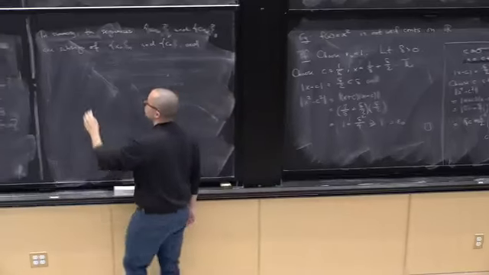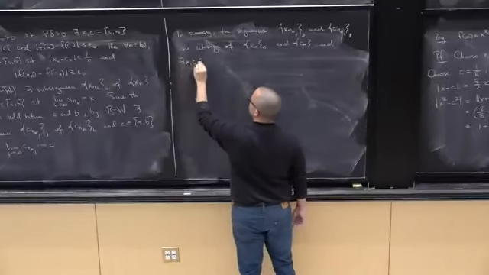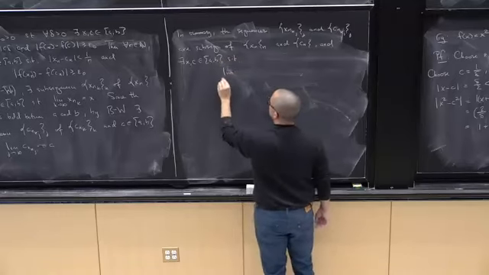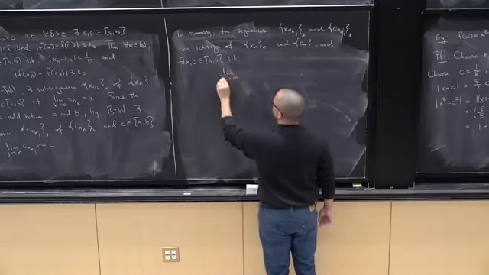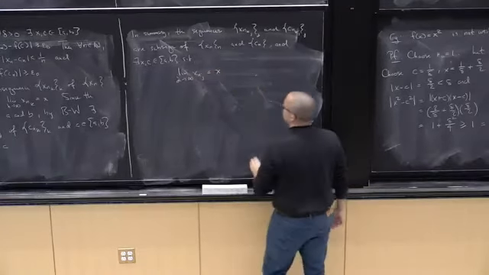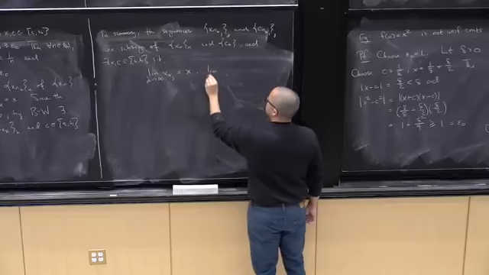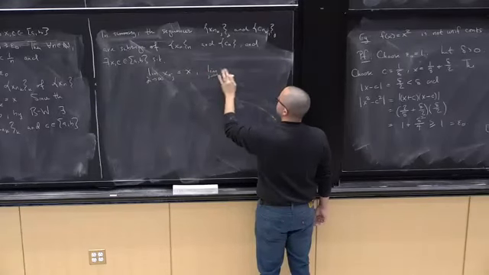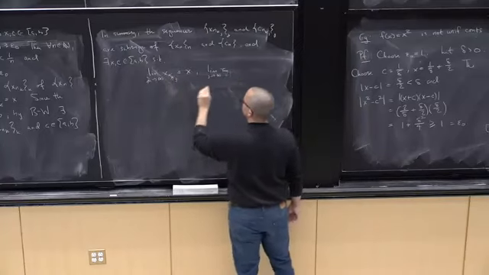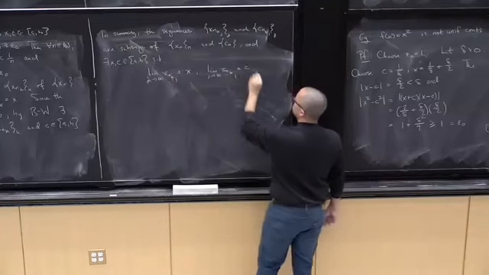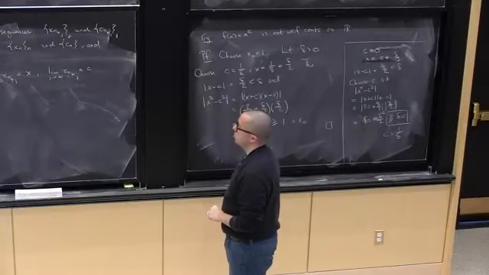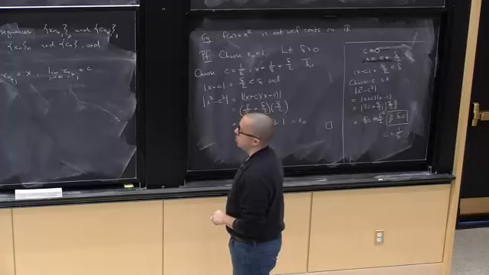And there exist x and c in [a,b] such that the limit as j goes to infinity of x_{n_{k_j}} equals x, and the limit as j goes to infinity of c_{n_{k_j}} equals c. Okay? Now, I claim x equals c.